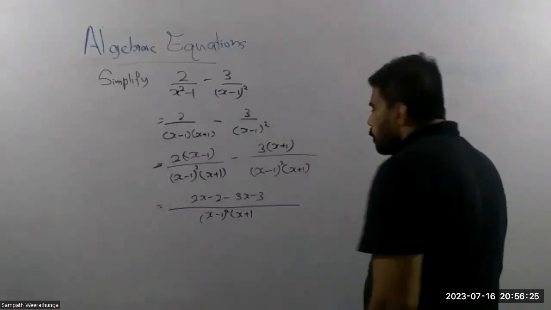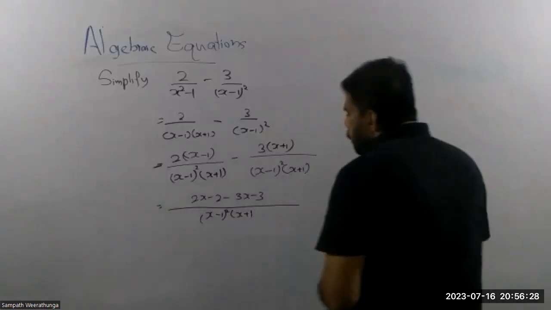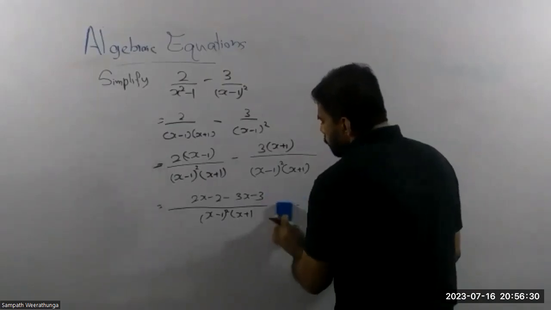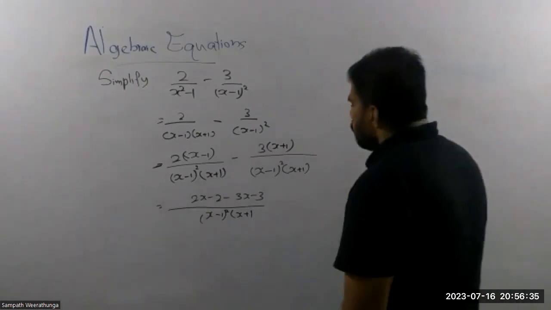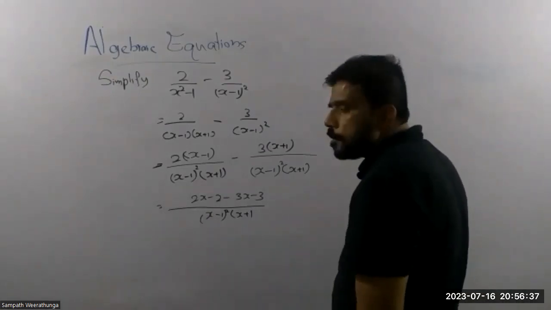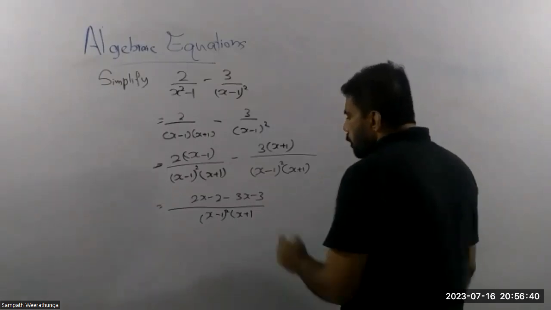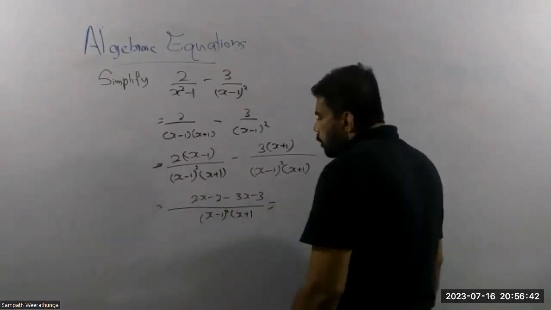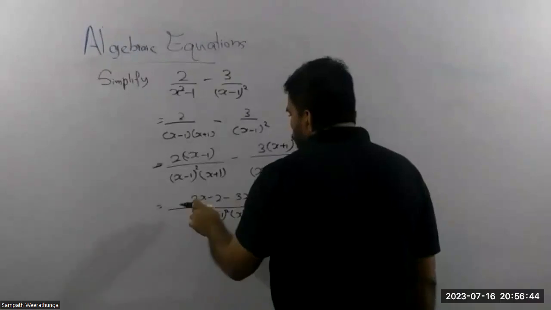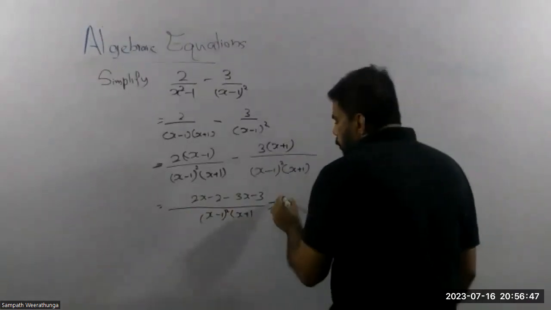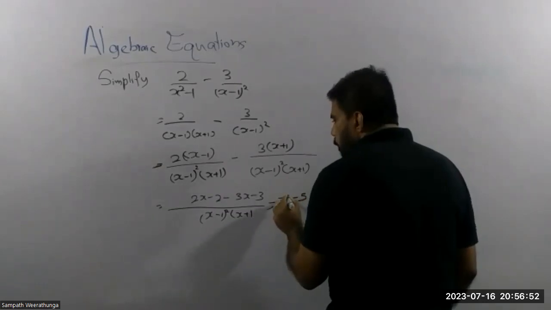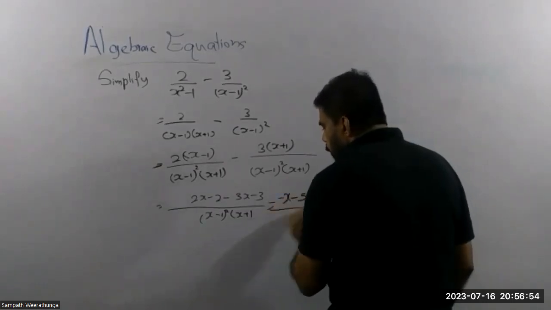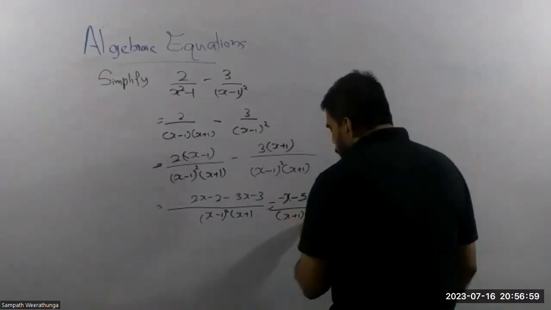I hope you understood the one-stage manipulation of signs and multiplications, and I expect you have that ability at this stage. Then I'll simplify the numerator: minus x minus 5. The denominator is (x plus 1)(x minus 1) squared.